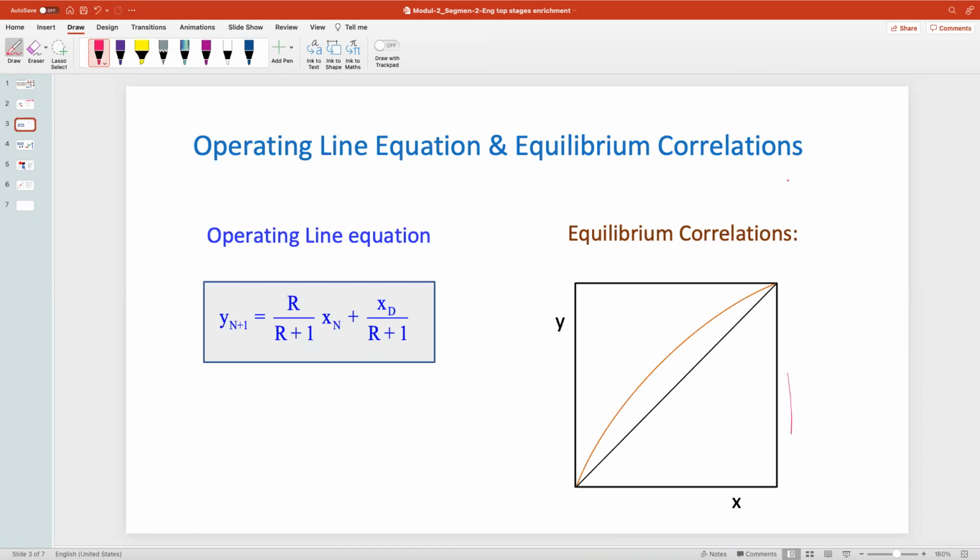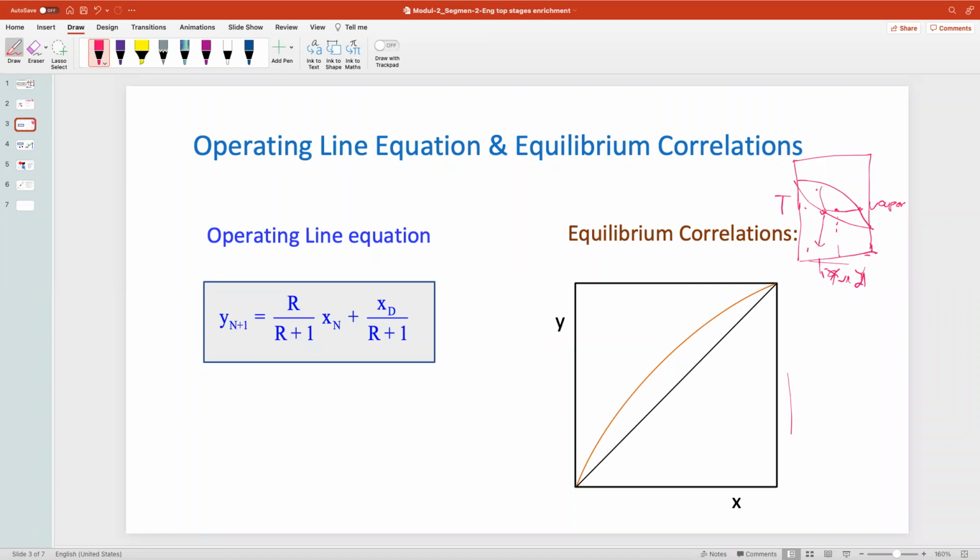Now we can start drawing the graph. And if you remember, for the equilibrium correlation, first we have this diagram. What is this diagram? TXY diagram, remember? Yes. This TXY diagram, at one such temperature, we can get a pair between the vapor and the liquid.